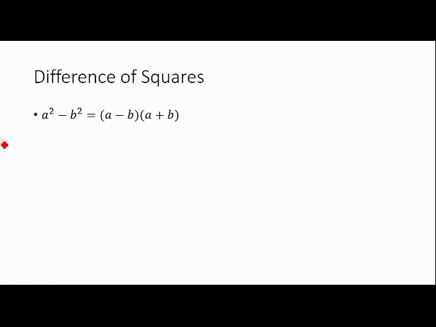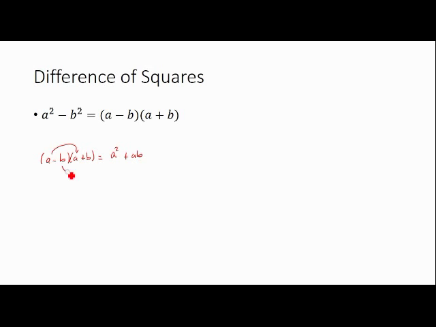And the pattern, we can see it right here. And I'm going to show you why this is true by just multiplying these two binomials. So a minus b times a plus b. So we apply the acronym FOIL, which is what we use to multiply two binomials to remember the order. So we multiply the first terms. Then we multiply a times b, so we get ab.